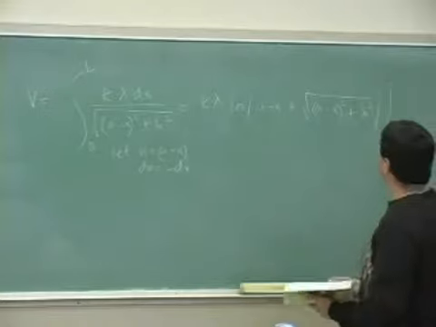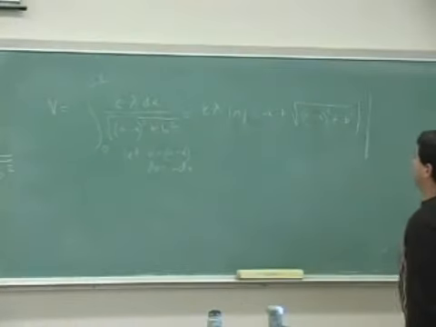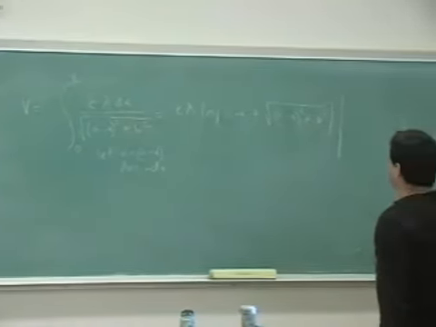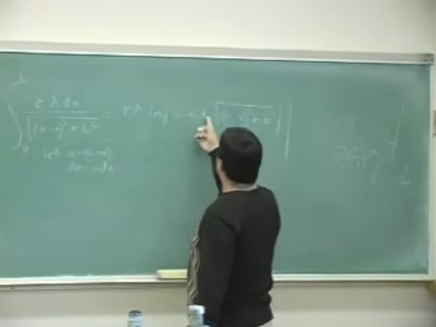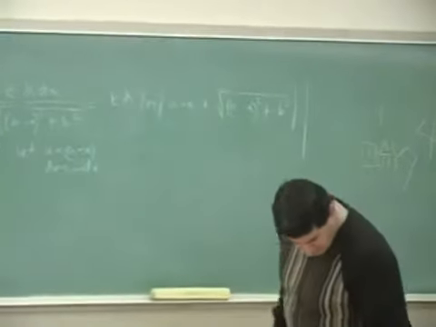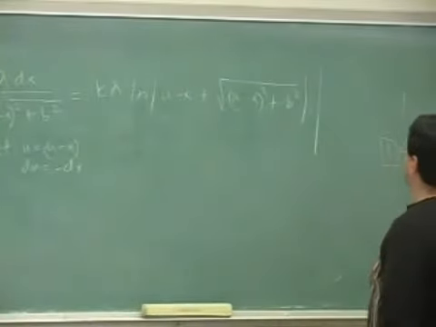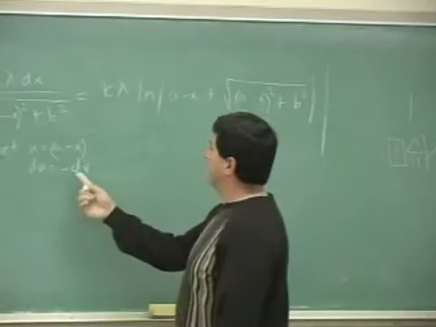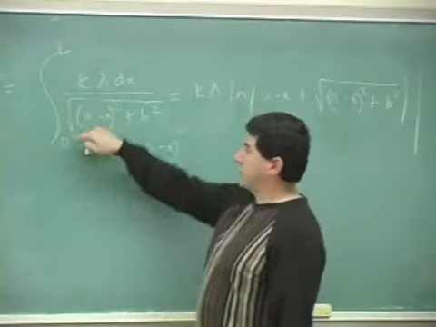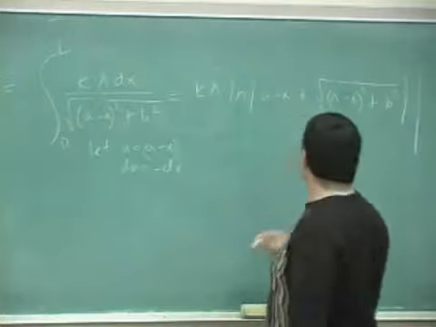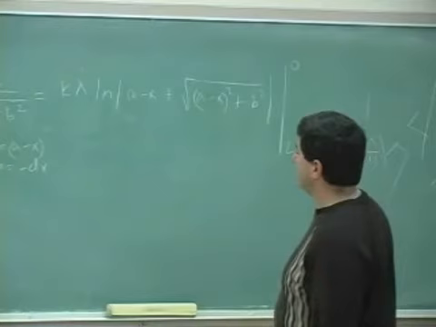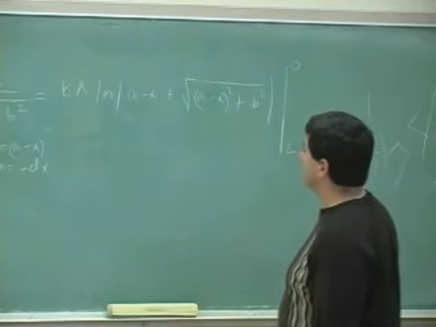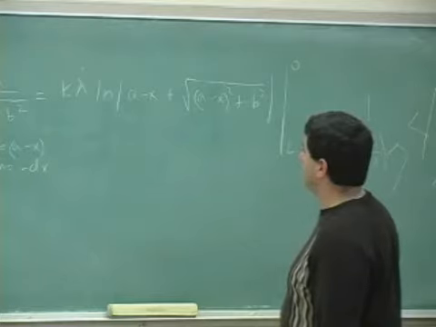And the limits of the integral, actually, I could keep them if I plug back in what u is. And then over here, I'll just change the limits of the integral. I'll just swap them, L to 0, right?